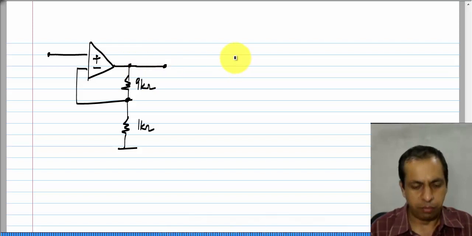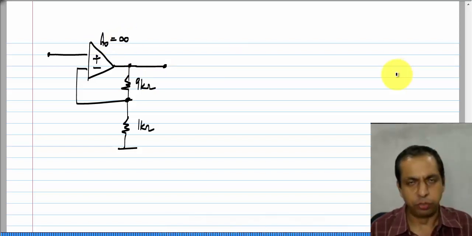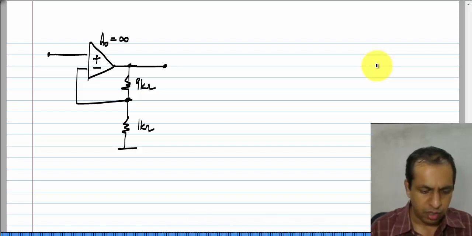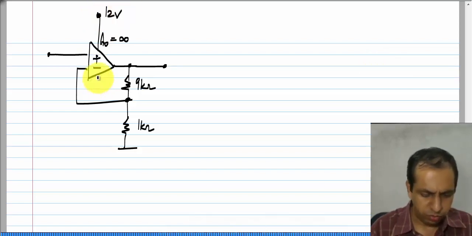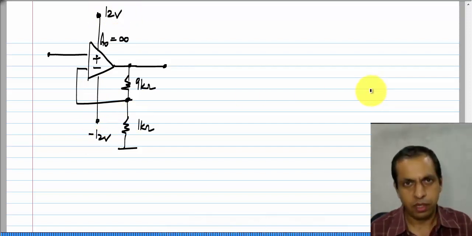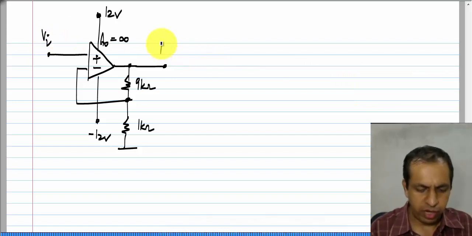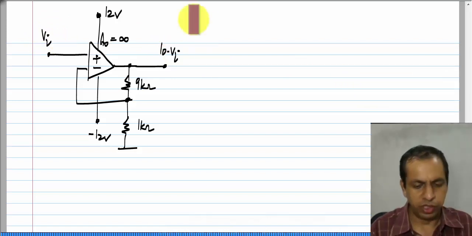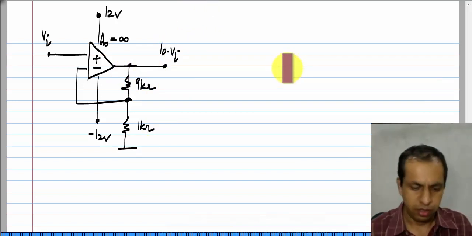This is a non-inverting amplifier, and let us say I assume that the op amp is ideal, that is its gain is very large, tending to infinity. Now, I use supply voltages of 12 volts and minus 12 volts. Okay. So, if I have VI here, I will have 10 times VI over there. You can easily calculate that the gain of this amplifier is 10.